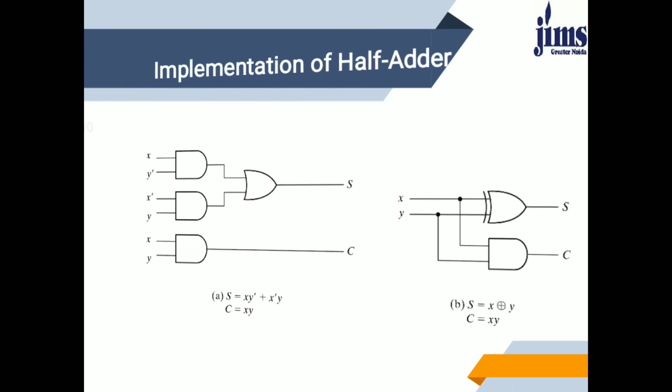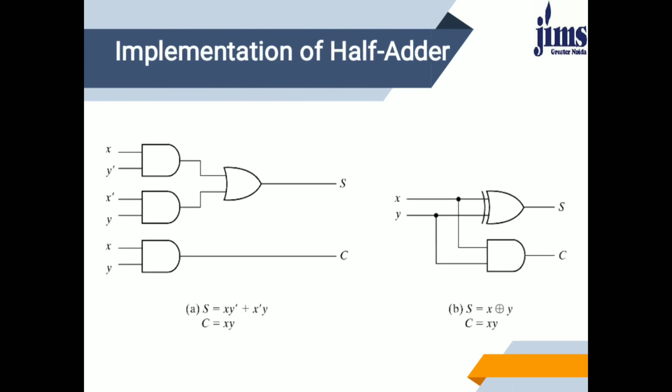So the circuit will look like this. An XOR gate is required to generate the sum, and an AND gate is required to generate the carry. So sum will be x XOR y and carry will be x dot y. This is the implementation of the half adder.